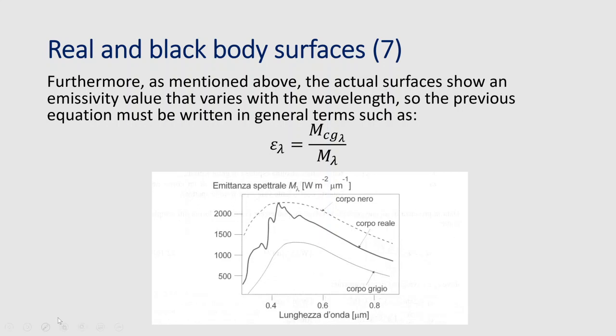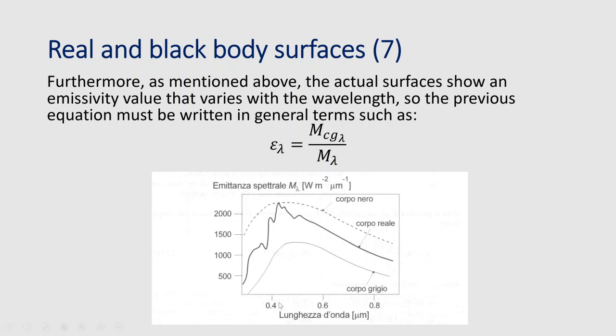So you see here we have again a bi-dimensional diagram, where, as I mentioned in the second lecture, on the x-axis we have wavelengths.